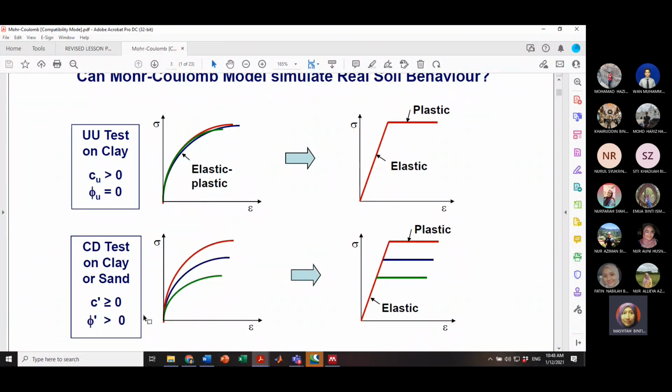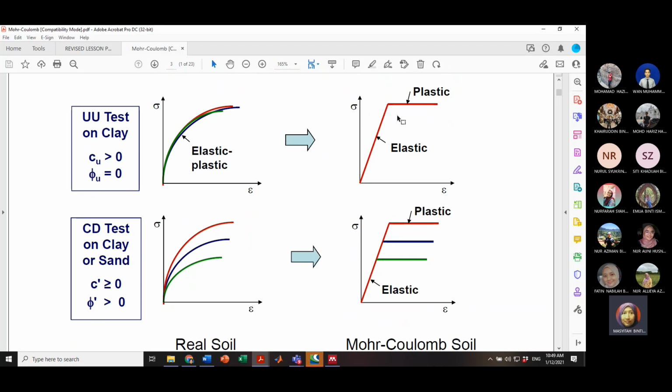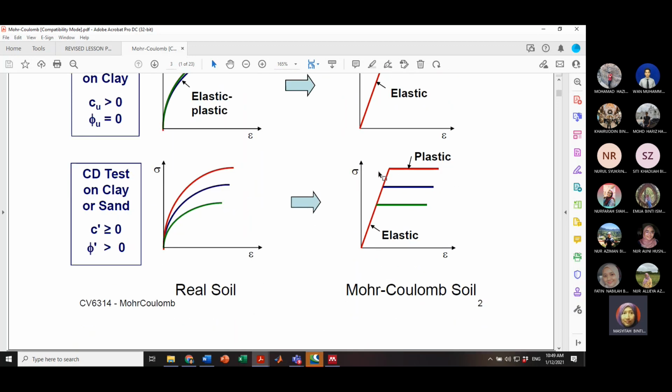But for consolidated drained, there is actually a variance of the yield stress. For example, the green line will be lowest and the red line will be highest. So when you present it in the criterion, or the relationship, in order to get the elastic material parameter, for UU you will get a constant E. This is if you model using Mohr-Coulomb.